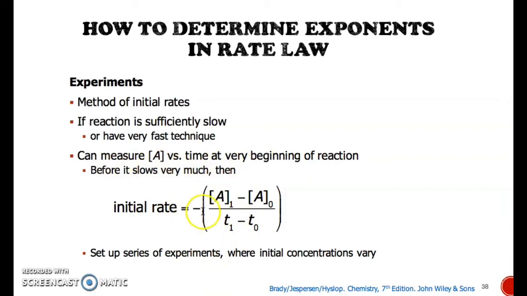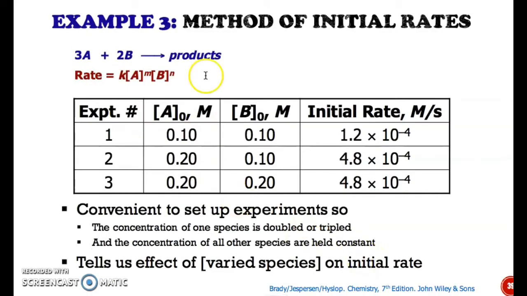It is negative because of direction, and this is the change of concentration divided by the change of time. Set up a series of experiments where initial concentrations vary. Look at this example. Method of initial rates. So this is the equation.